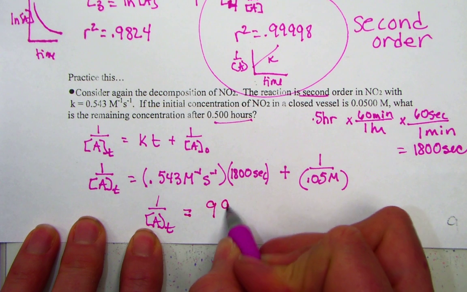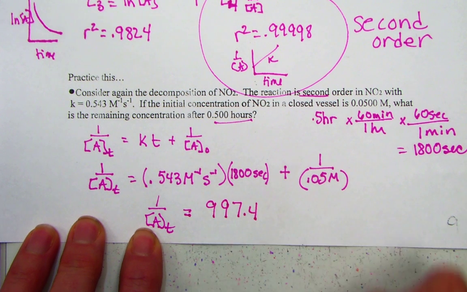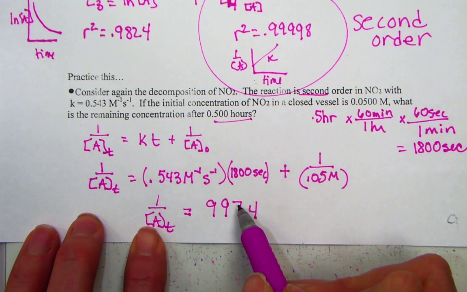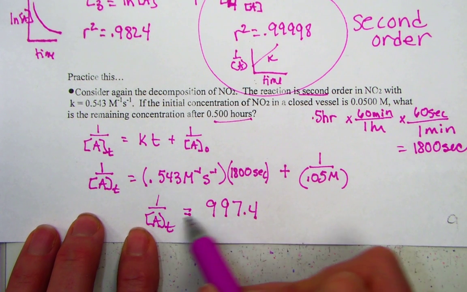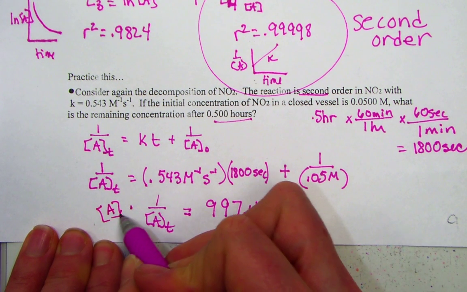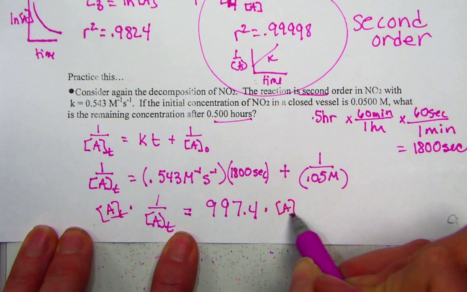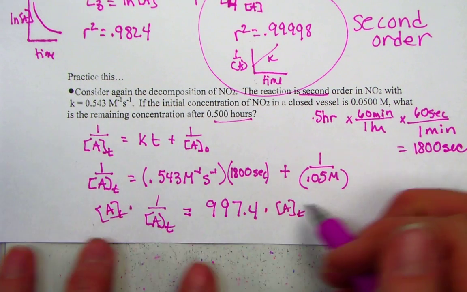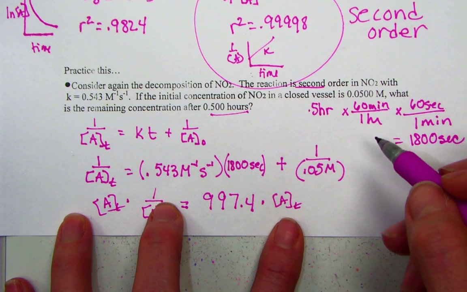I'm seeing on my screen 997.4. We want to pull this out. So the algebra would show that these two values just simply switch places. We're going to multiply both sides by that concentration of A and then divide both sides. So just to rearrange this, I'm sure that the algebra would be friendly.